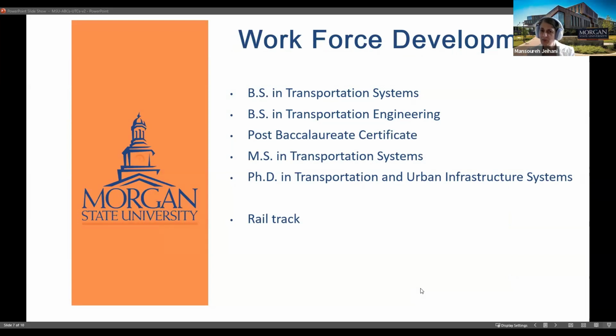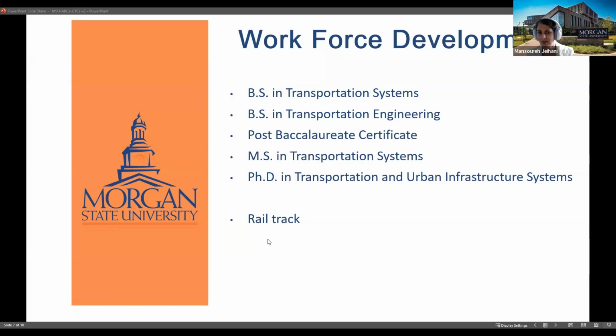We have a unique Department of Transportation at Morgan under the School of Engineering, besides civil engineering, where we have a Bachelor of Science in Transportation Systems, Bachelor of Science in Transportation Engineering, and also a post-baccalaureate certificate, Masters of Science in Transportation Systems, and PhD in Transportation and Urban Infrastructure Systems. So we can say we are very unique, and because of all this funding and all of this involvement that we have had, we could expand our system to that.